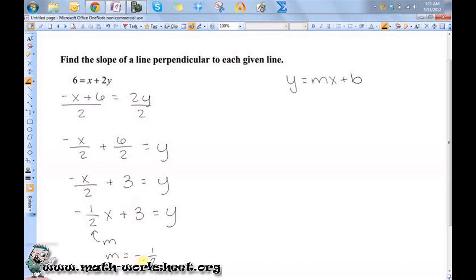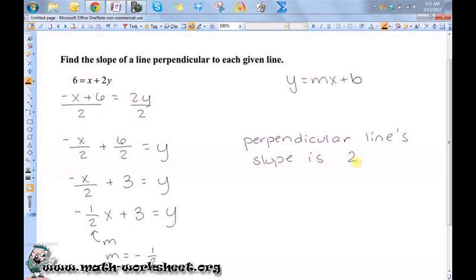So, because this line has a negative slope, its perpendicular line has to have a positive slope. And because this line has a 1/2 slope, its perpendicular line is going to have to be the reciprocal of 1/2, so it's going to have to be positive 2 over 1, or just 2.